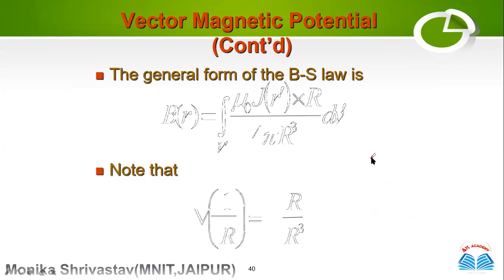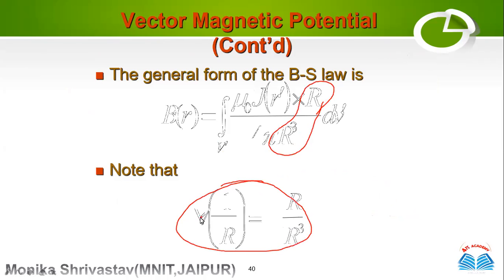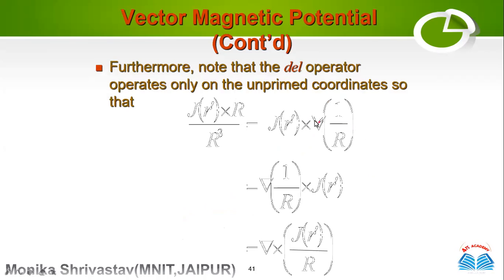So this was the general form of the Biot-Savart law, and in this general form, the R over R cube is similar to del of 1 upon R. This is a mathematical identity you have already studied. So you can write, instead of R over R cube, del of 1 upon R, and with J R dash here, you are getting del cross J R dash over R. What is this?